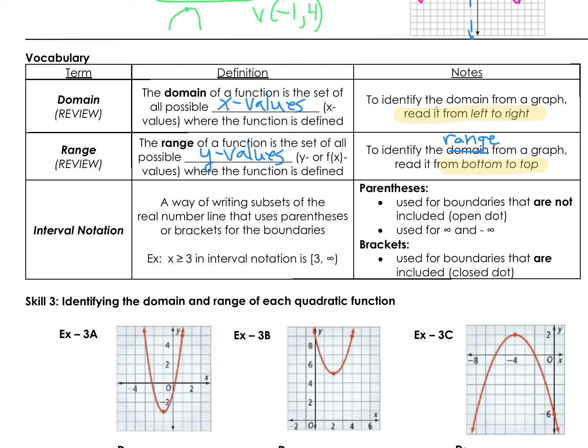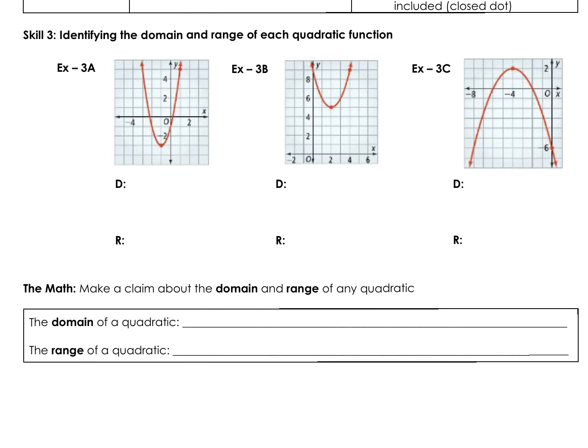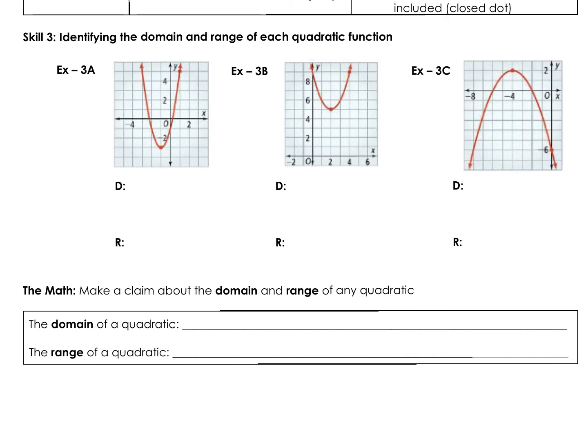So let's review domain and range with these 3 parabolas. While we're doing that, I want you to make a claim about the domain and range of any quadratic. Let's start by walking the x-axis from the left side to the right side.